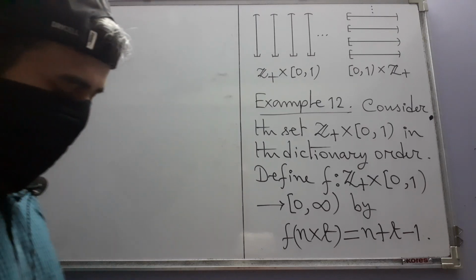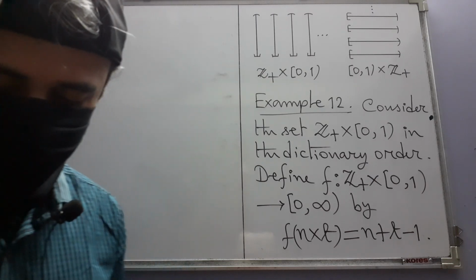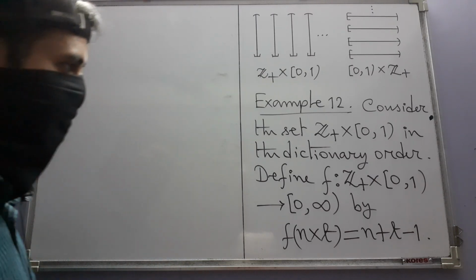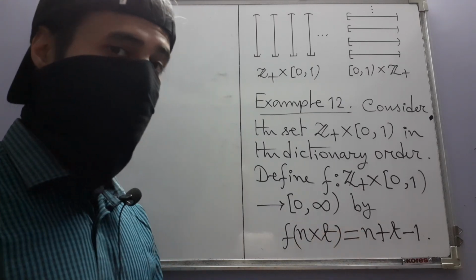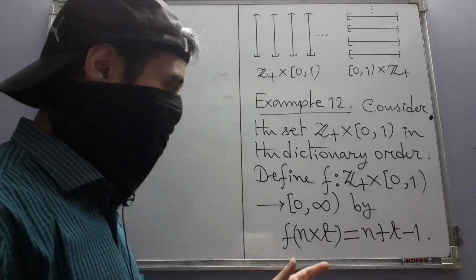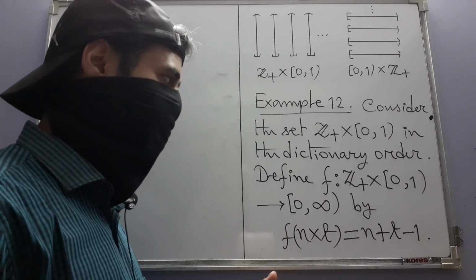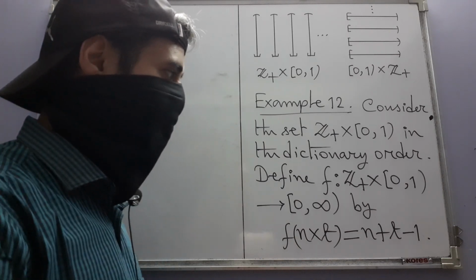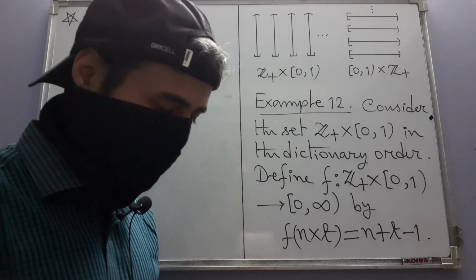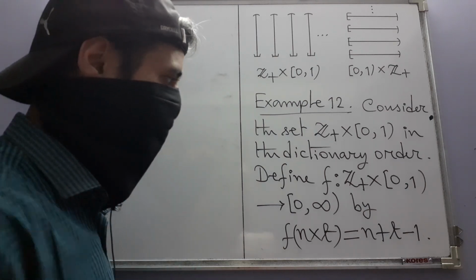Okay, so let's now show this. First of all, you have to see that the function makes sense. That's the vague way of saying this. The technical word is that it is well defined. There are two things that you have to show if you want to know that a function is well defined.